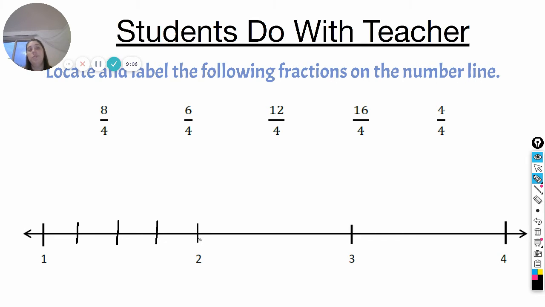Okay, so now let's go between 2 and 3. Break it in half. Break it in half again over here. Break it in half again over here.